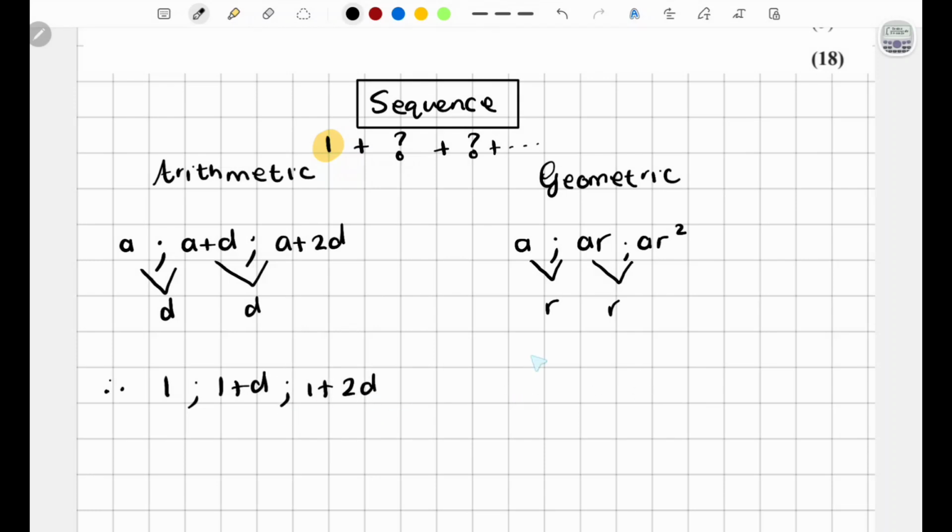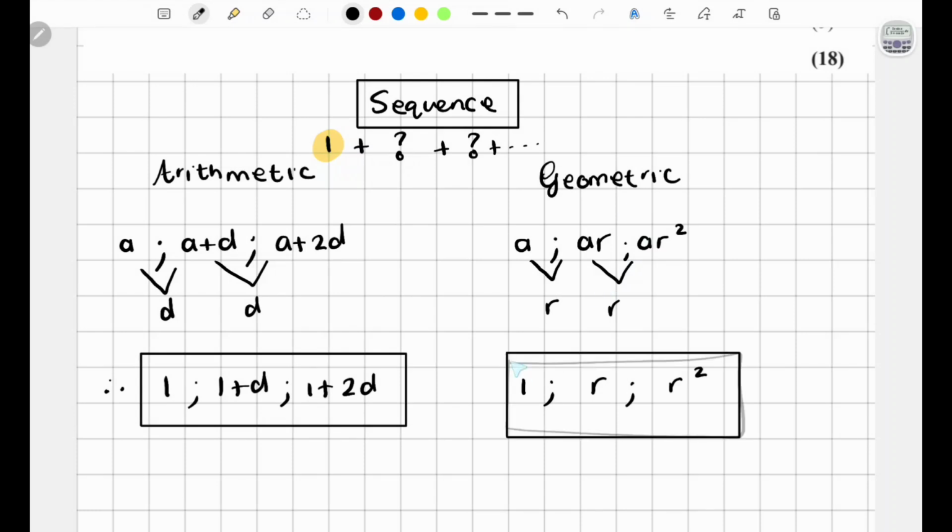Then the geometric one would look like this: 1, then we have AR, so that's 1 times R, which is just R. And then we have 1 times R squared, which is just R squared. So these are what our sequences should look like if they are arithmetic and the first term is still 1, and geometric and the first term is also still 1.